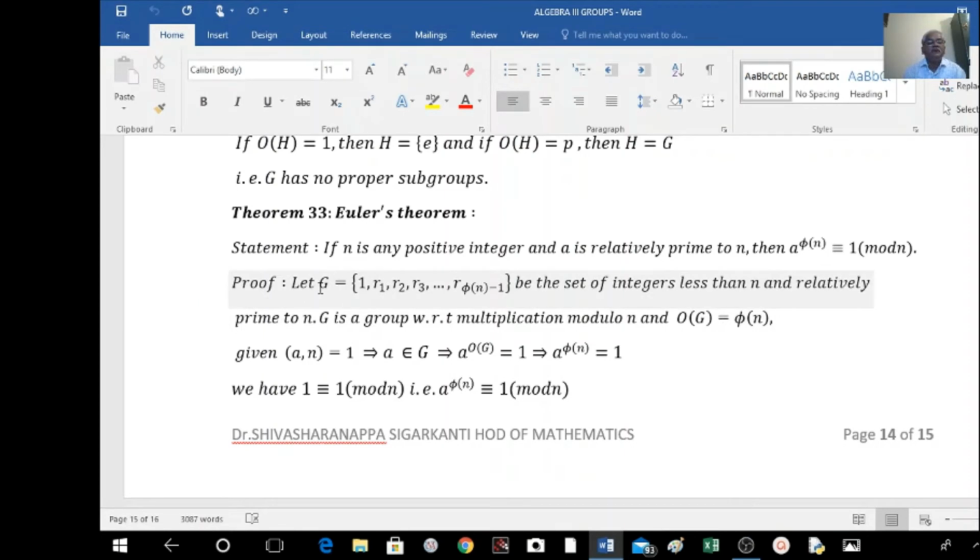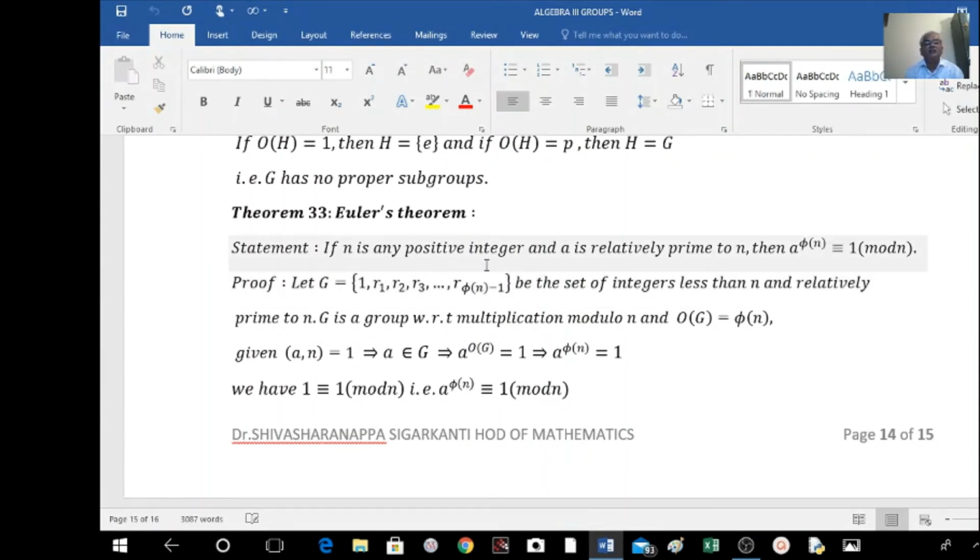Let me consider one set here: 1, R1, R2, R3, up to R(phi(n) minus 1) be the set of integers less than n and relatively prime to n. So these are all the integers which are less than n, and these are relatively prime to n.